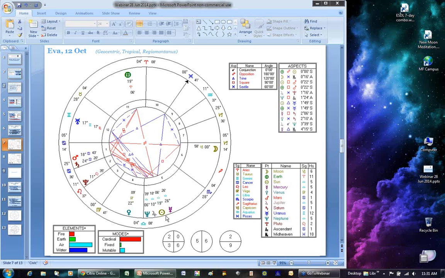But because it's in Libra, and Libra can be very diplomatic, I have learned to say things in a way, I think, that is diplomatic, that is not in your face, that is not insulting, that is not hard on anybody. So that's the Sun in Libra.